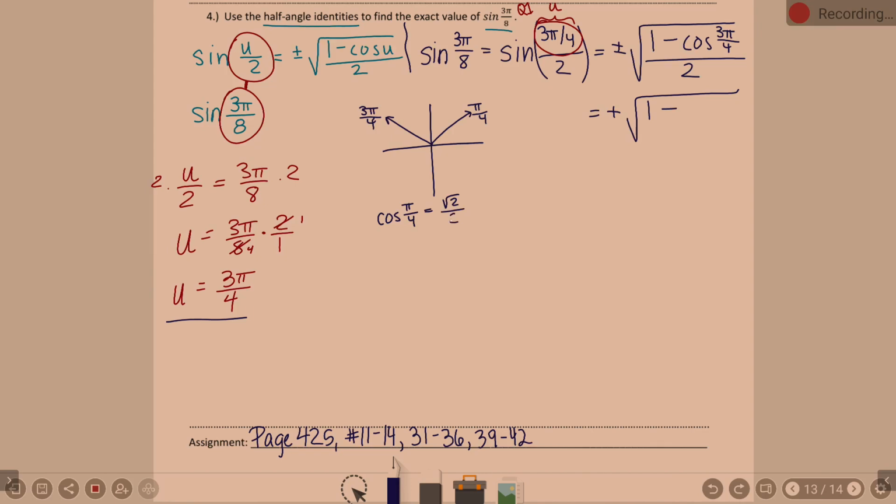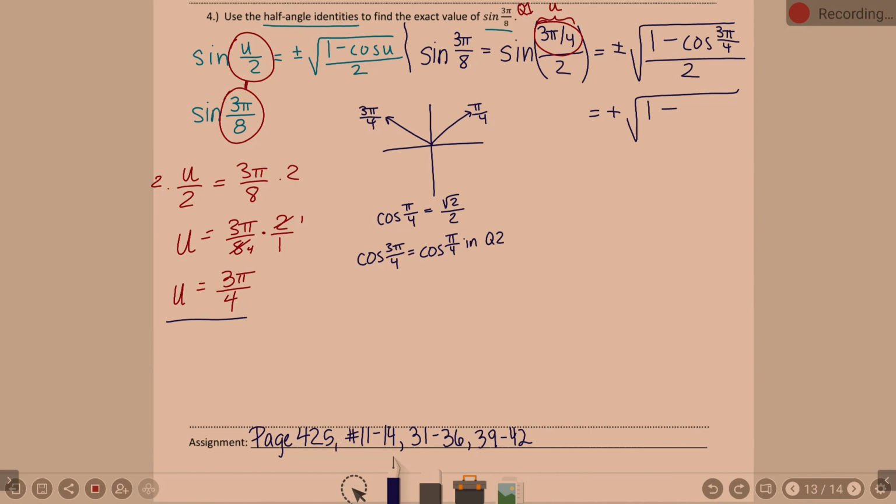And you don't necessarily have to write this down. This is up to you. So then, how do we do cosine of 3 pi over 4? To do cosine of 3 pi over 4, we ask ourselves, what is cosine of pi over 4 but in quadrant 2?